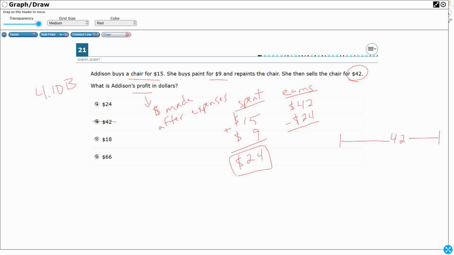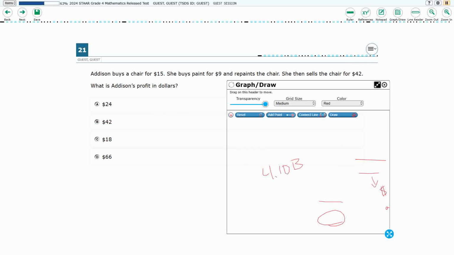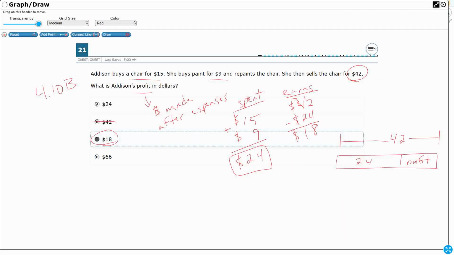That's our total, right? So this is going to be our 24, and this is our profit, okay? And so we regroup here, we get $18. So even though she got a price of $42, because she already spent 24, she only gets $18 worth of profit. Still good, but it's not the full 42.